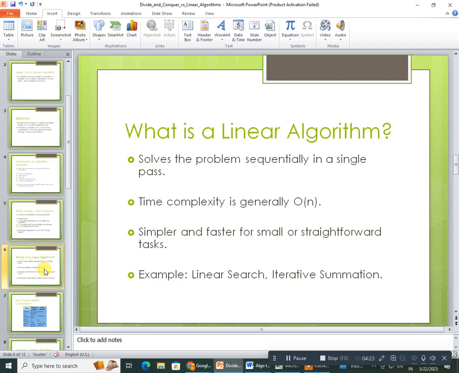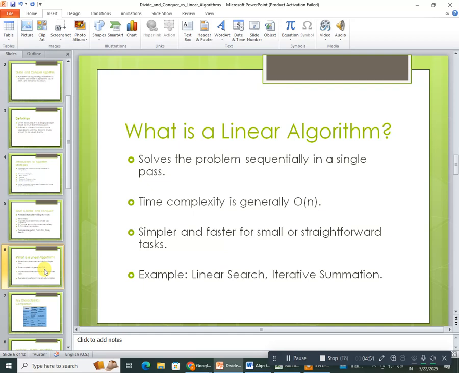So let us say you are searching a number in an array containing 10 elements. So if the number lies at the end of the array, you will have to compare the number that you are searching to each and every number of the array. So you will have to go through the array n times, from 1 to n. So that means the complexity will be O(n).